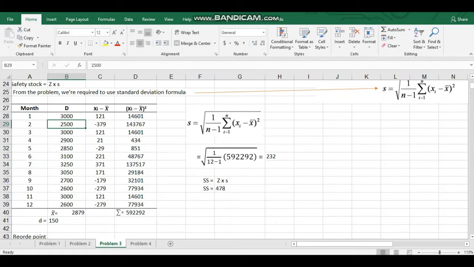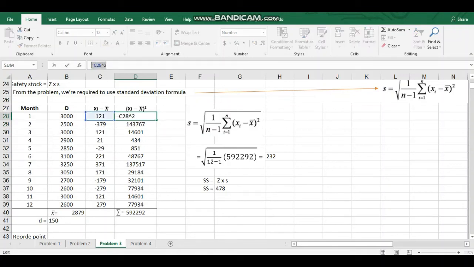We just have to find the difference between the demand and the average demand. So for this one it's 2,500 minus the average demand, and for this one it's 3,000 minus the average demand, and so on. And finally, after we got the difference between the demand and the average demand, we have to square each of them, and then put the result here.